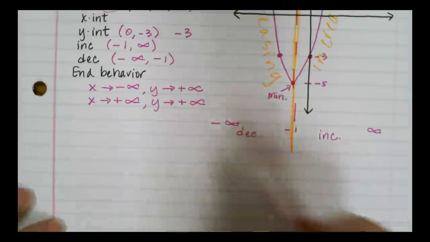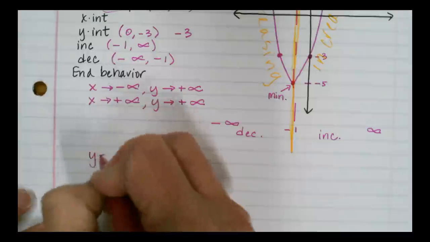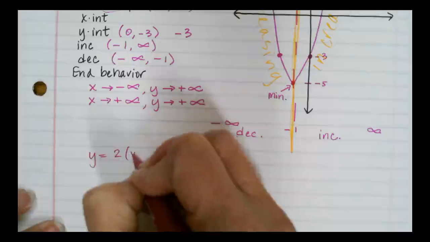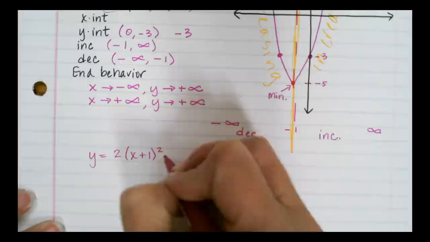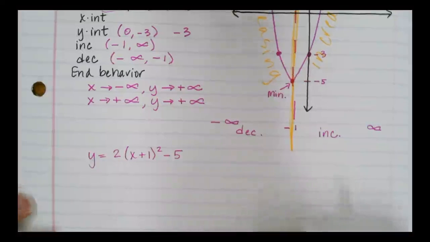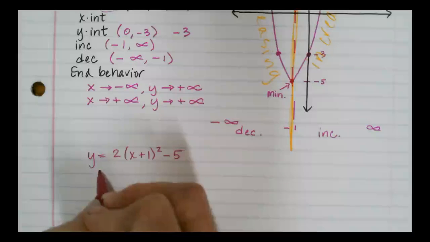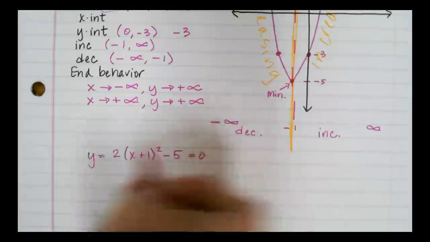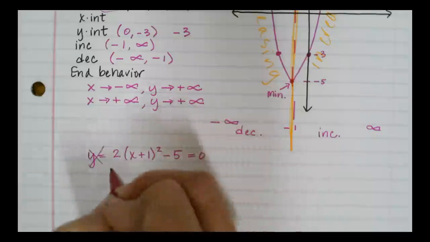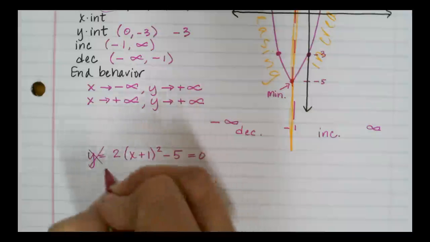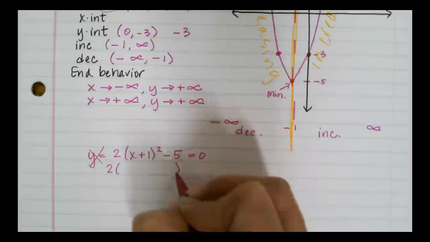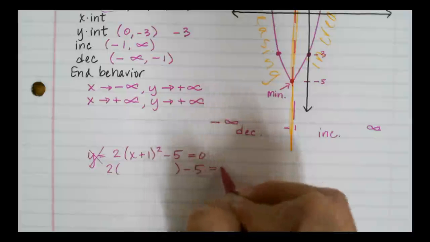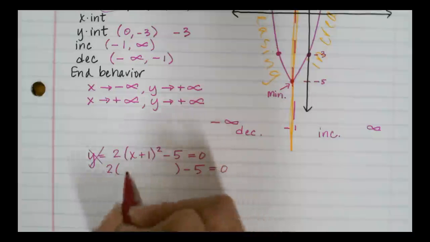All right, so y equals 2(x plus 1) squared minus 5. I'm going to go ahead and set this equal to 0 because I really don't need this. So I need to get this in standard form. First I need to multiply my binomials together.